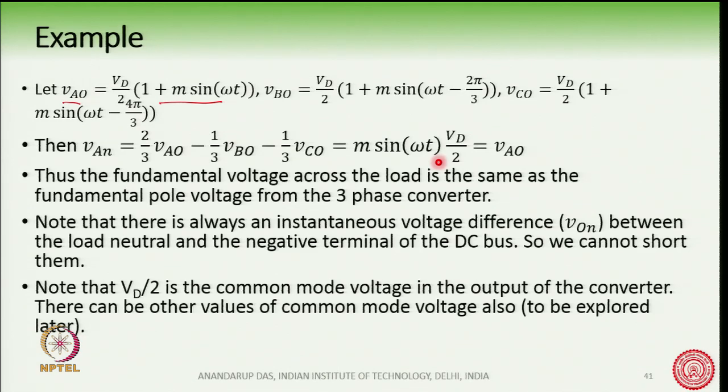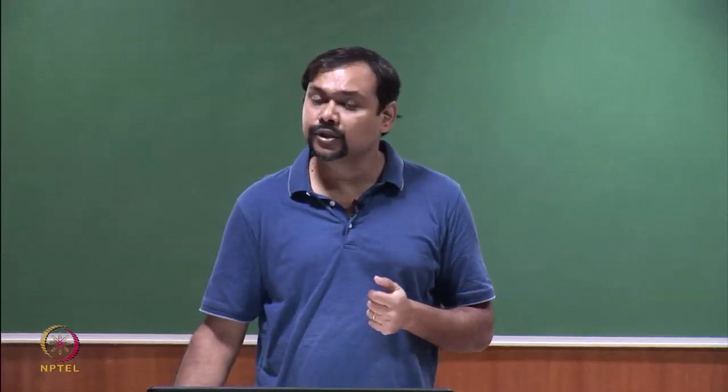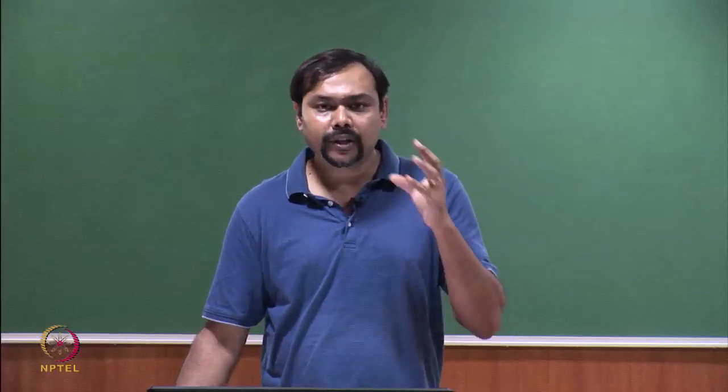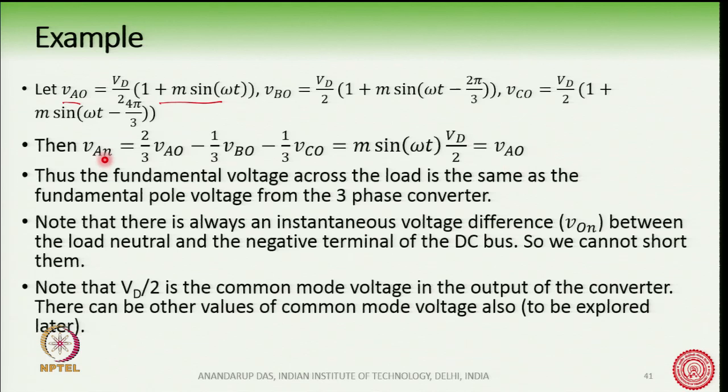So, that Vd by 2 part, the DC part inside the pole voltage that we had assumed earlier, is no longer present on the load. So, the load will only see a pure AC voltage, and that we can see here: VAN is equal to VAO without the Vd by 2.